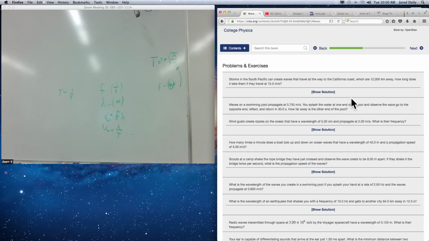So it's about 0.1. So you take a billion times 0.1, and you get 100 million meters per second for light. And that's about right. The speed of light is about 300 million meters per second, actually. But you get the idea. You can actually calculate the speed of a wave if you know its frequency and its wavelength.